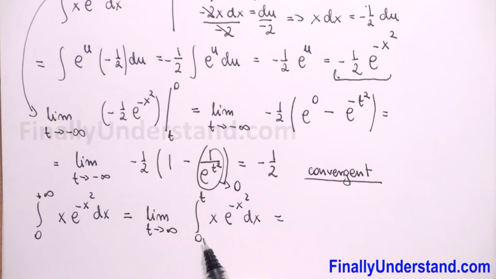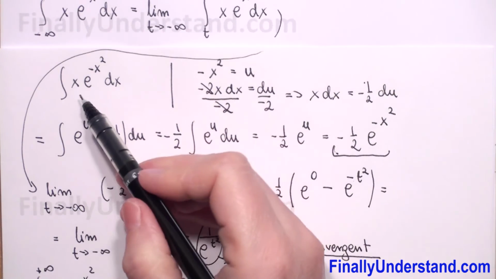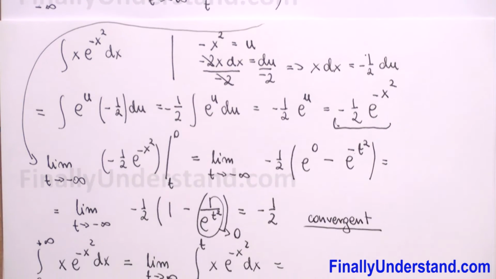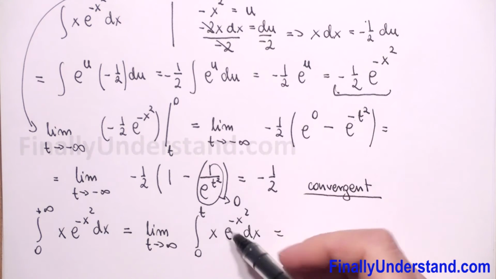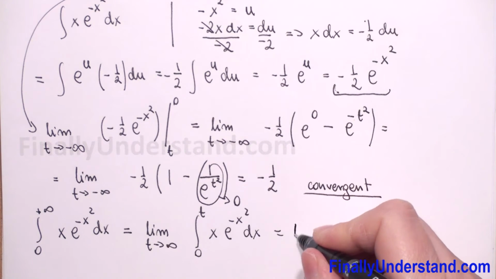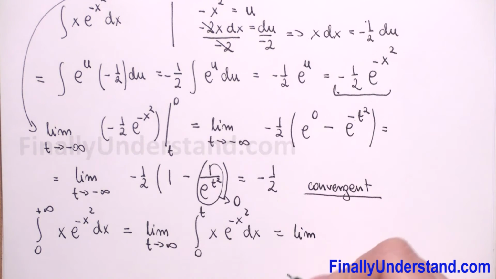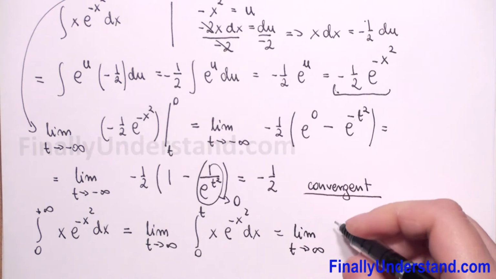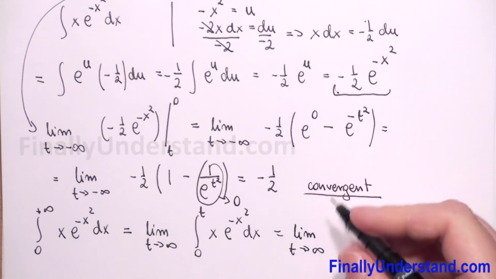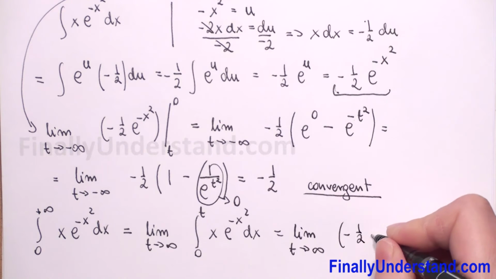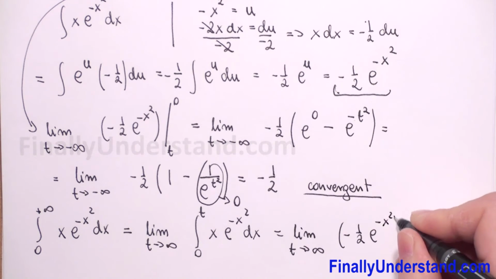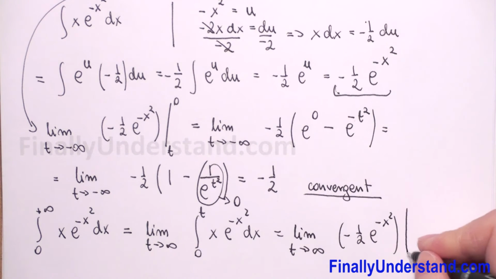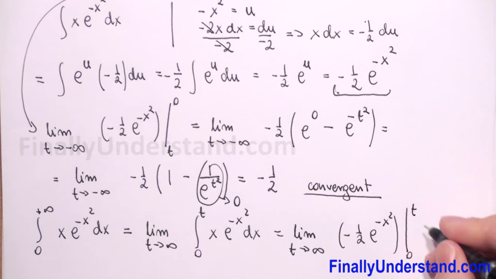We already solved the integral of x times e to power negative x squared dx. So we can replace our integral. The limit we have to copy. So we have t goes to infinity, and our solution was negative 1/2 e to power negative x squared. And because we have a definite integral, we have limits from 0 to t.